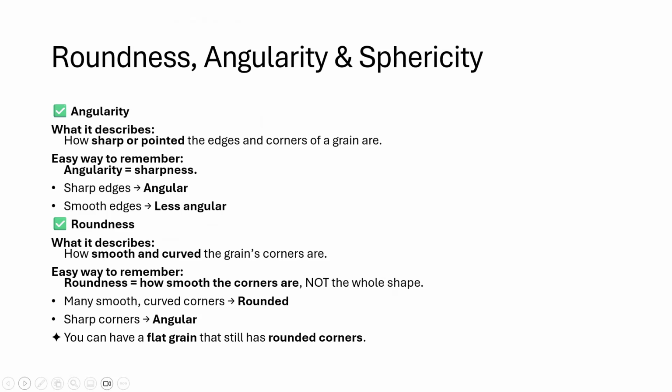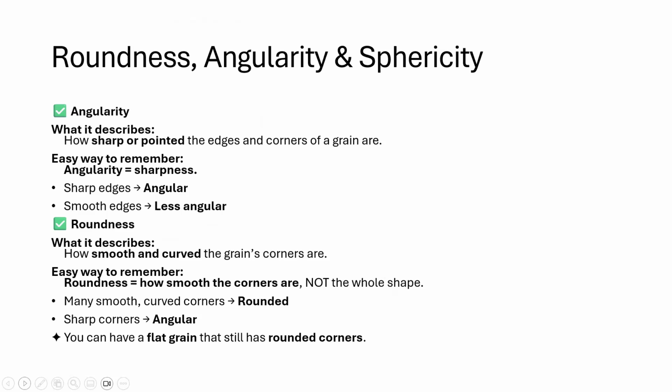That's how we identify it, because they can scratch you, they can hurt you. So if the grains are sharp, then we say these things have got angularity. But if the corners are smooth, then we say they are less angular, which means they are rounded.